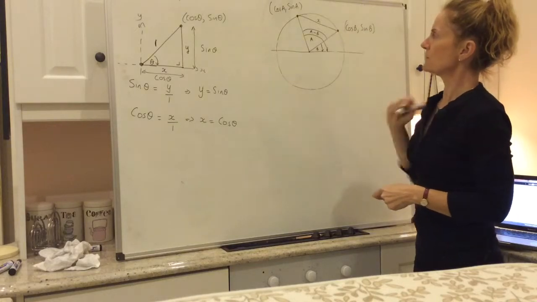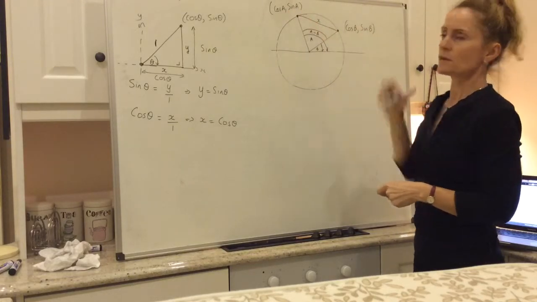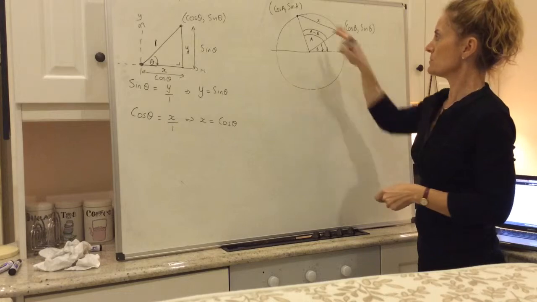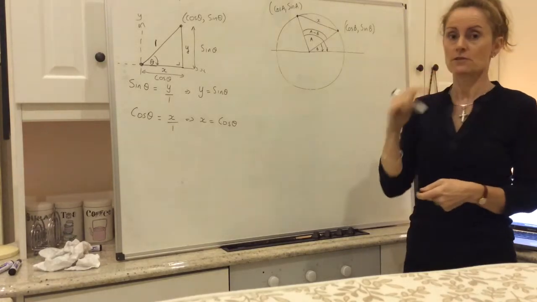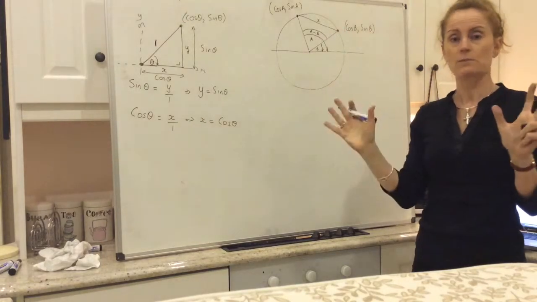We're going to work out a formula for x using the distance formula, and a formula for x using the cosine rule. Two ways that we're going to equate.